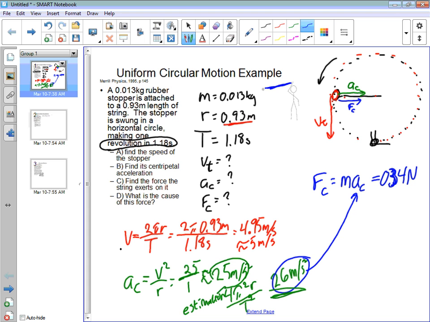If it were at this position, if we were to let go, it would go off in that direction. This is an overhead view, so when I say it's going downwards, imagine that's south. Questions on this? All right, let's move on to the next slide.